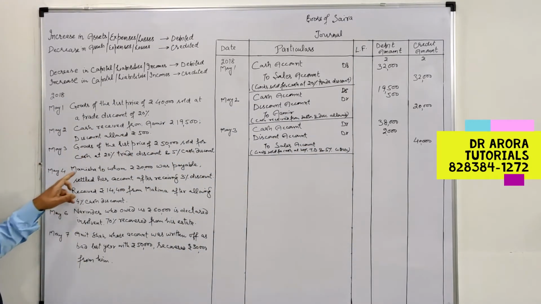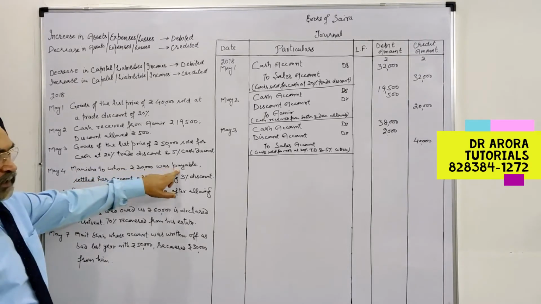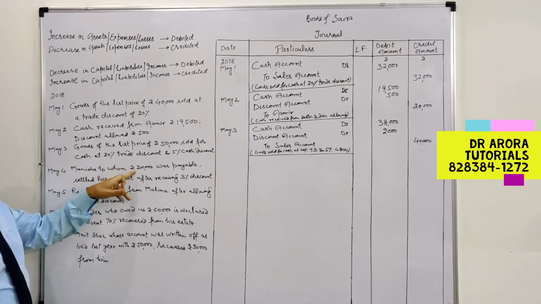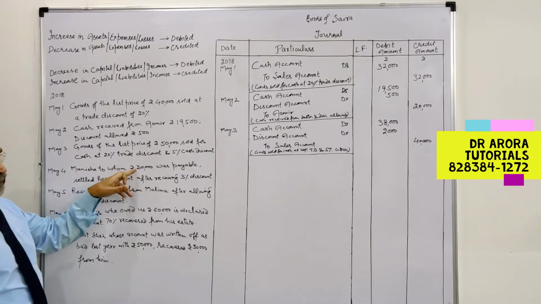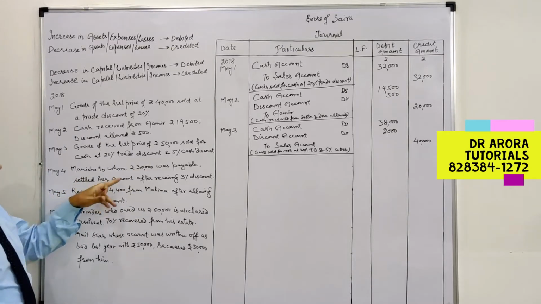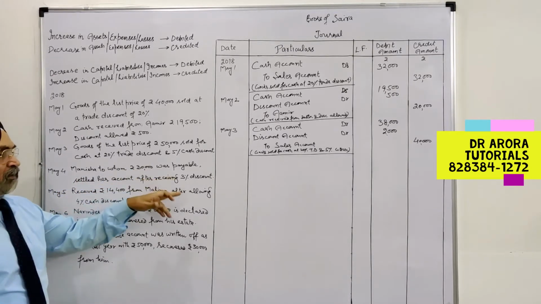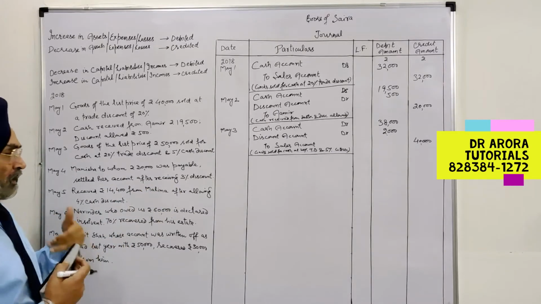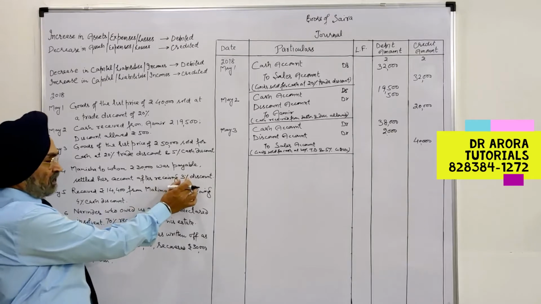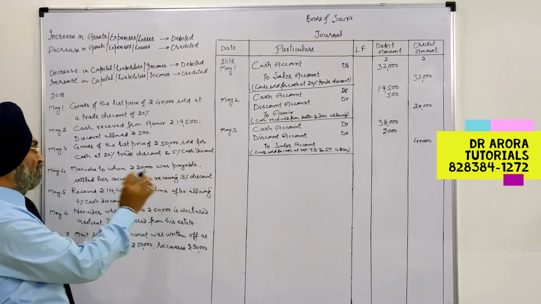Next, Manisha, to whom rupees 30,000 was payable. So Manisha was our creditor. 30,000 was the amount due to her, and we settled her account after receiving 3% discount. We paid her the amount, but she gave us 3% discount.